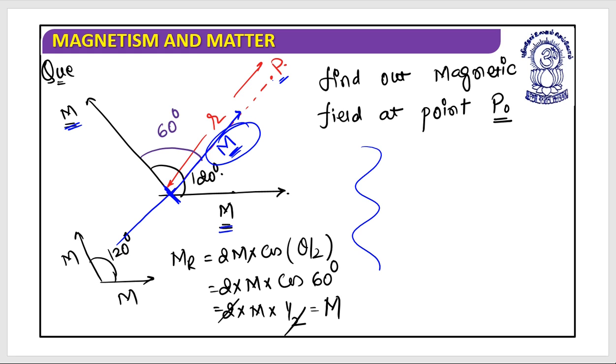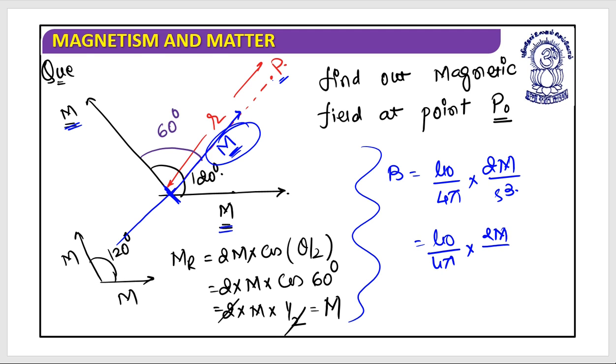So when I calculate the magnetic field at point P, B equals mu naught by 4 pi multiplied by 2 into M divided by r cube. My M is again M, so this equals mu naught by 4 pi, 2M by r cube Tesla. This is the magnetic field B.